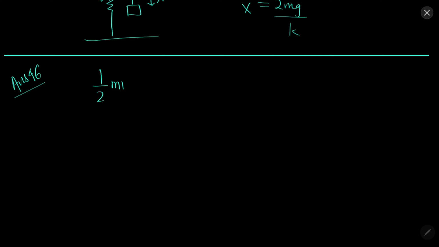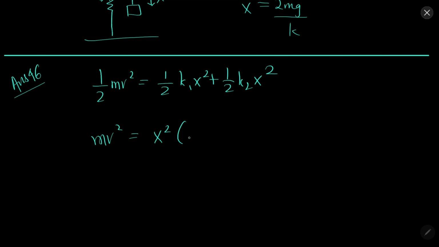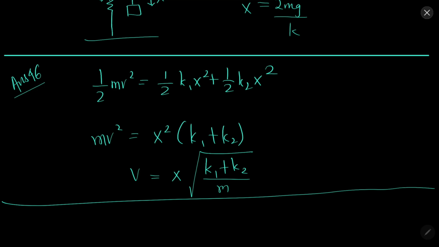By the law of conservation of energy, half mv square equal to half k1 x square plus half k2 x square. Kinetic energy and potential energies. So mv square equal to x square into k1 plus k2. V square will be, or V will be equal to x root k1 plus k2 over m.